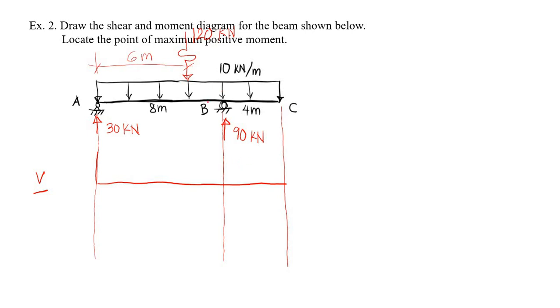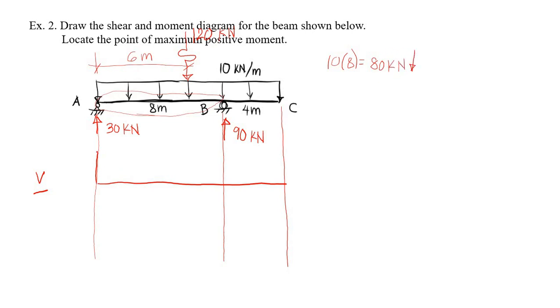If we consider this span here, we have 10 times 8 is equal to 80 kilonewton going downward.